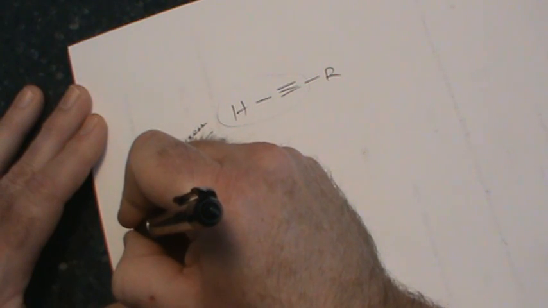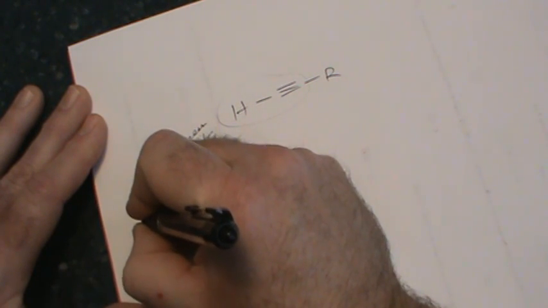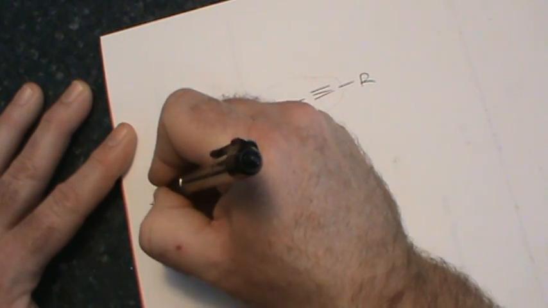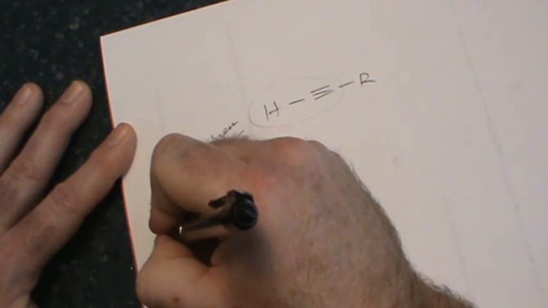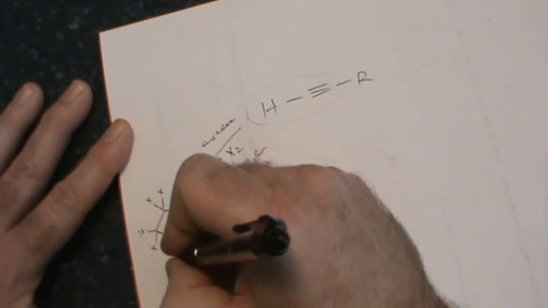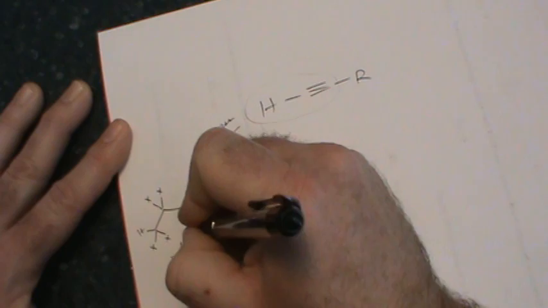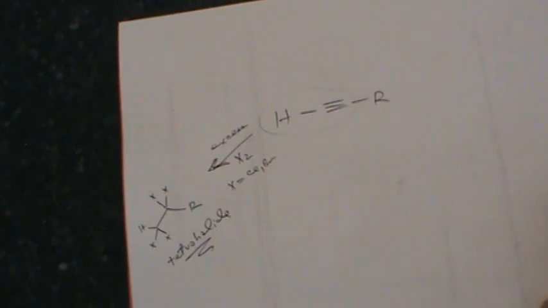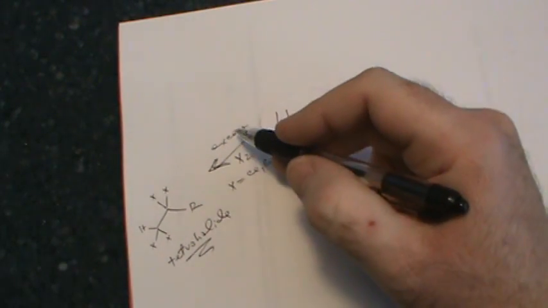And the result will be that we will produce a molecule that looks like this. This is a tetrahalide.